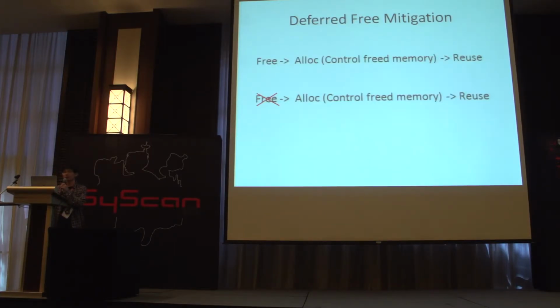As we can see, the deferred free mitigation tries to stop UAF exploits at the first step by not freeing memory blocks which may potentially cause UAF issues. So if there is no free, there is no use after free.